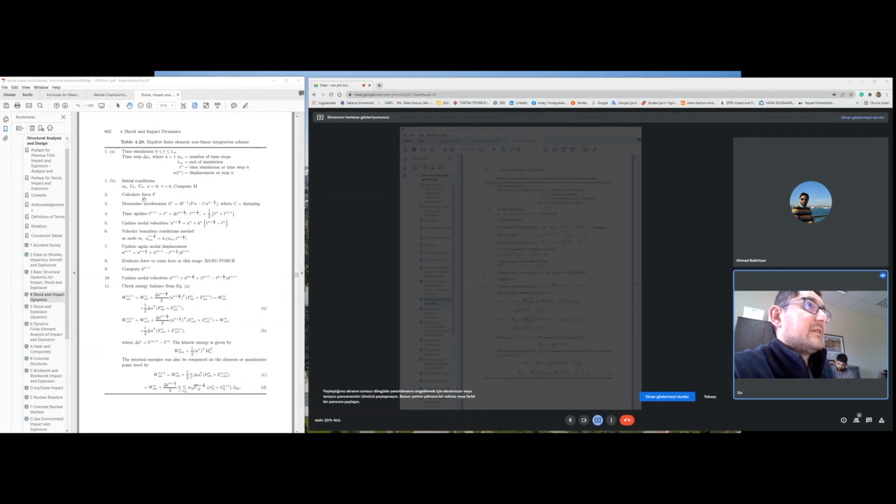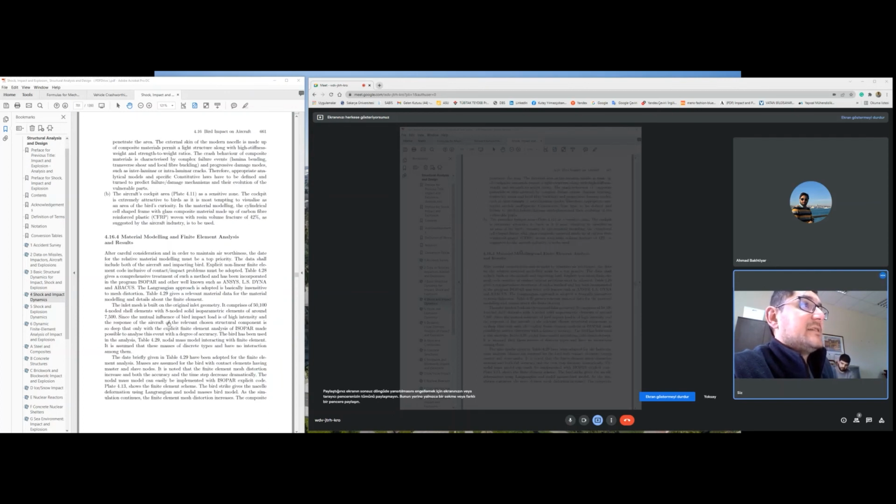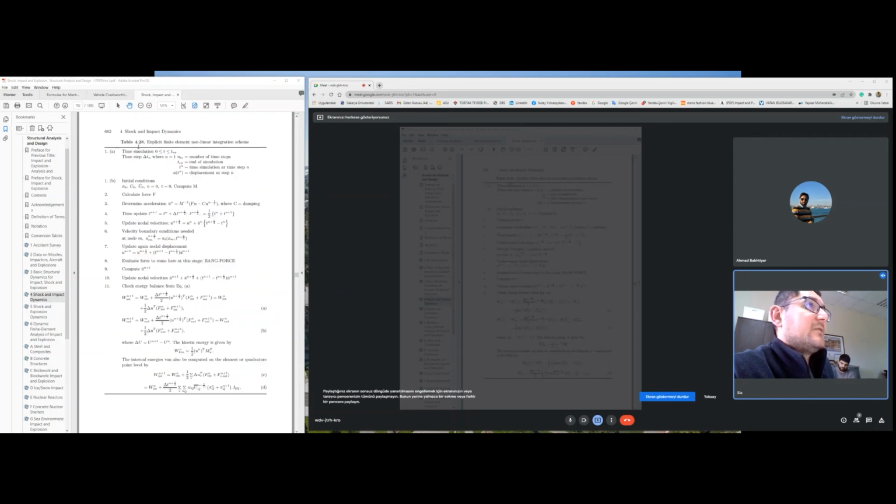And very important. Why? Because this table, the table I'm talking about, 4.28, page 662. It is talking about the explicit finite element nonlinear integration scheme, all of it.